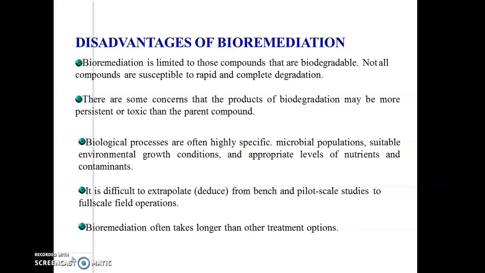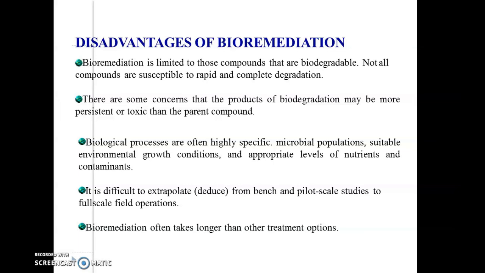Biological processes are often highly specific. Microbial population, suitable environmental growth condition and appropriate level of nutrients and contaminants are required. That is a highly specific biological process. So several microbes require a specific environmental condition or growth condition for proper growth.